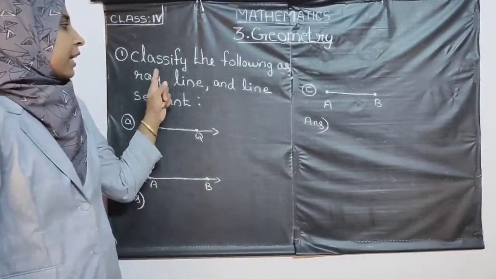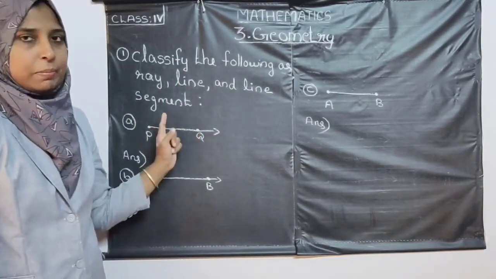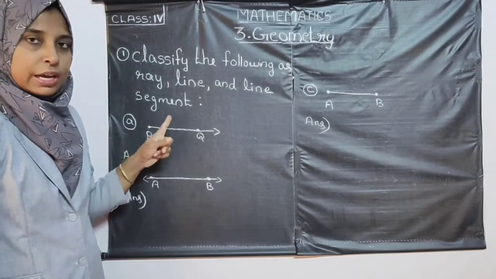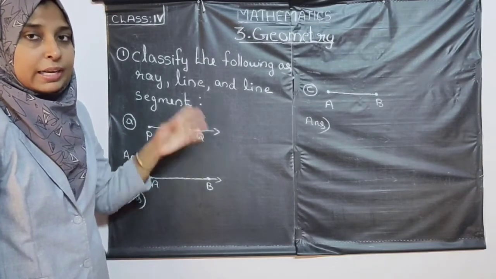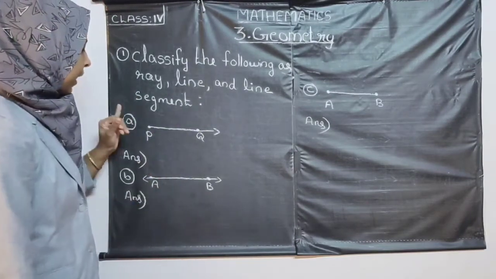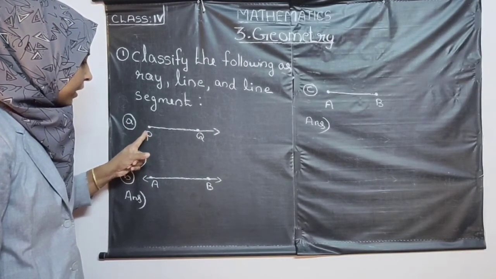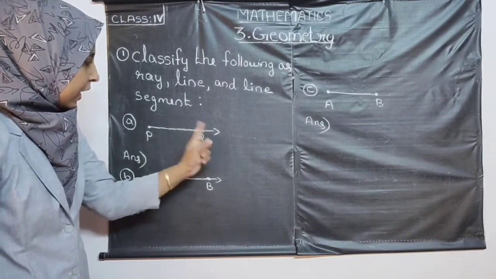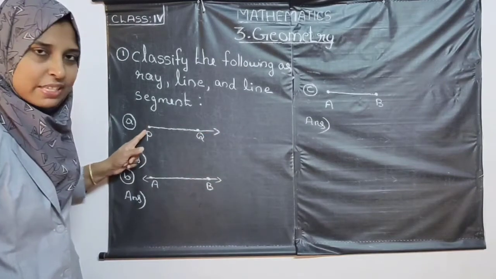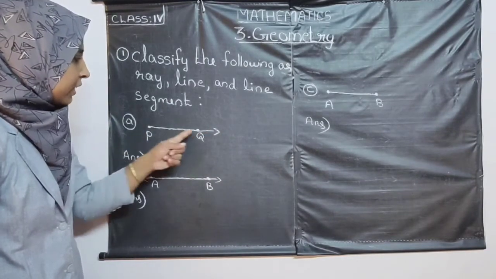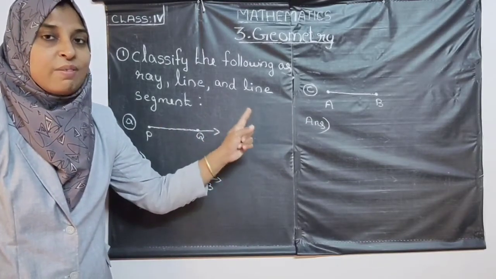Next, children, we can do one exercise problem. Classify the following as ray, line, and line segment. We want to find which figures are ray, line and line segment. Let's see, children. The first one has points P, Q, and this line is extended only in one direction. We have a starting point and no end point, extended indefinitely in only one direction.